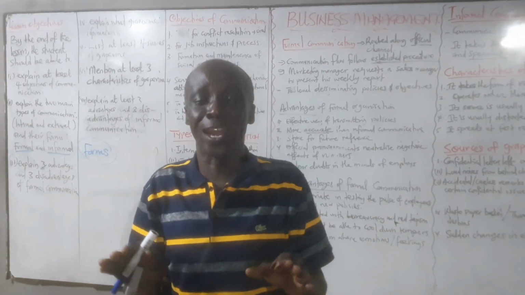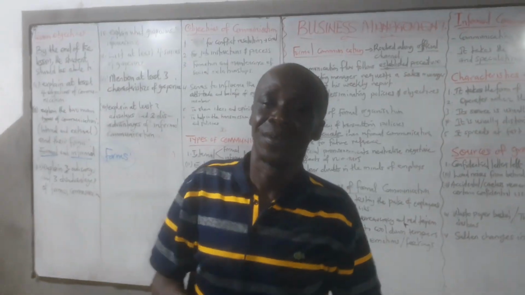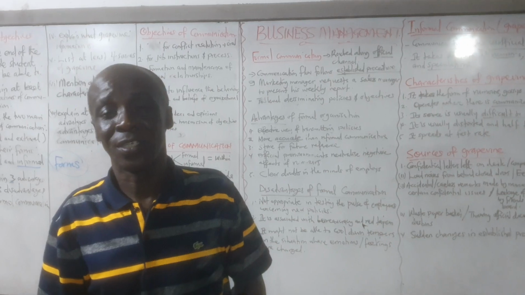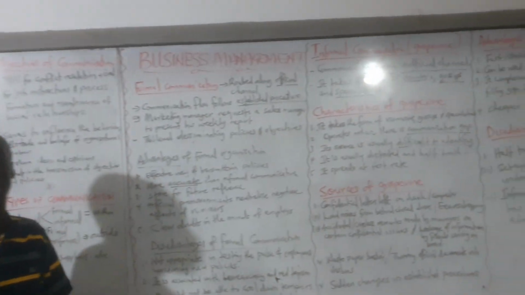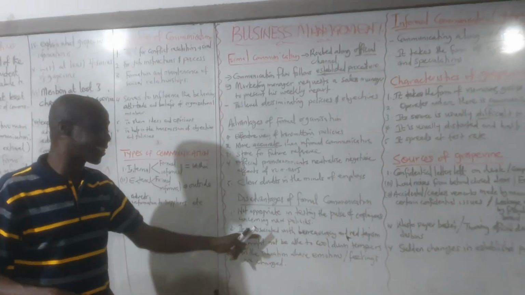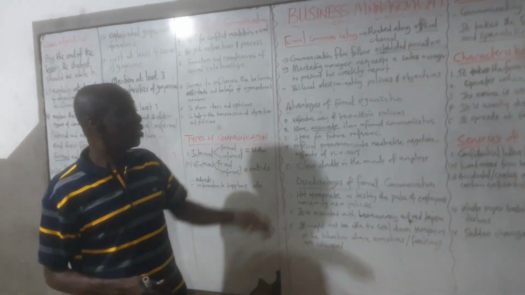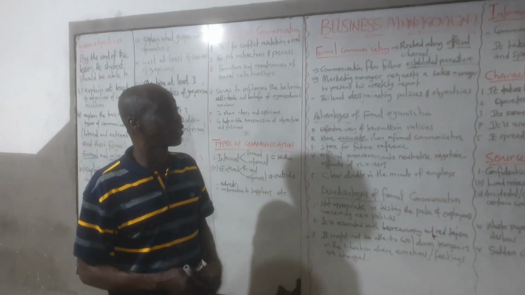So how do you go and talk with them? That may be disastrous. So in that case, informal communication might work better than the formal one. So that is for formal communication.